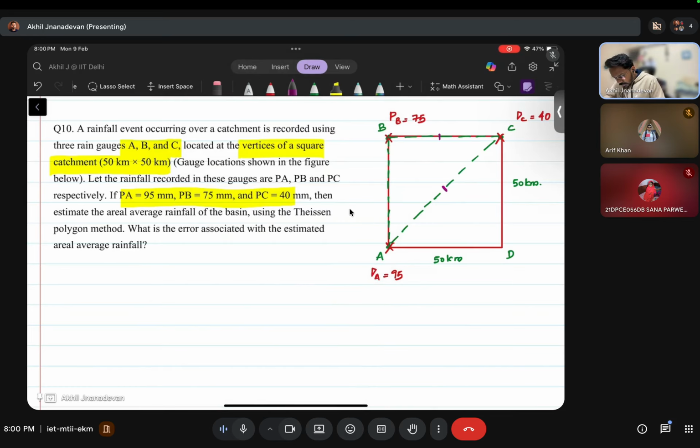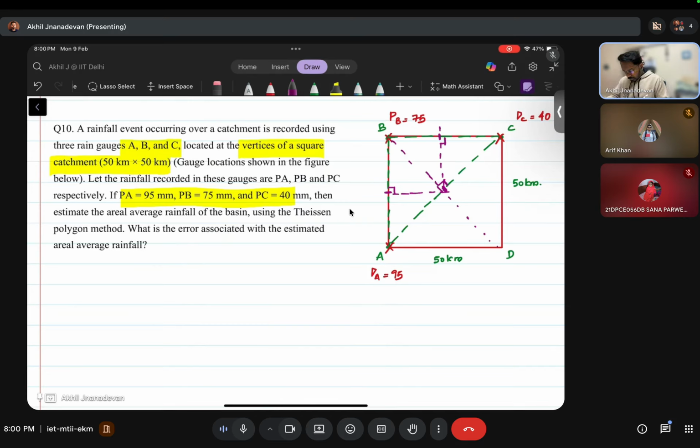So this is the perpendicular bisector, and this is the perpendicular bisector, each making 90 degrees with the line joining the rain gauges. AB I drew, BC also I drew. Now for AC I have to draw the perpendicular bisector, which will move like this, right?